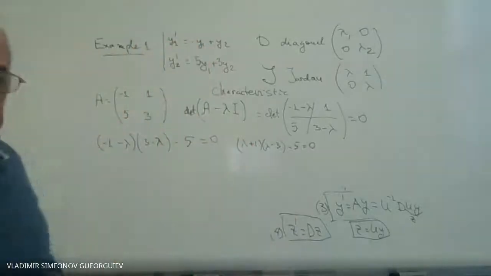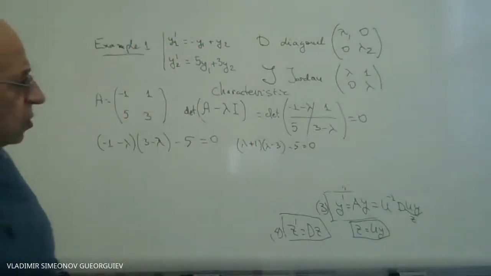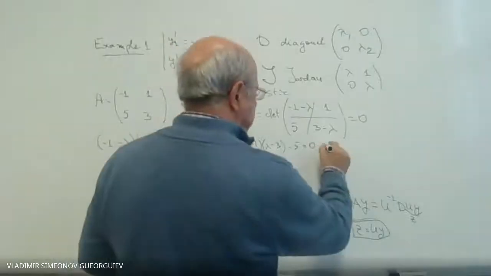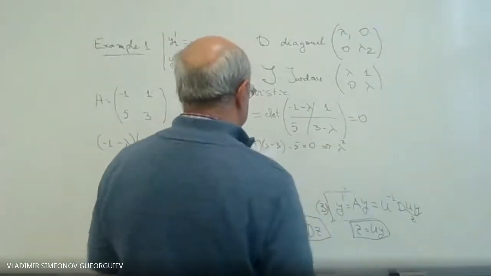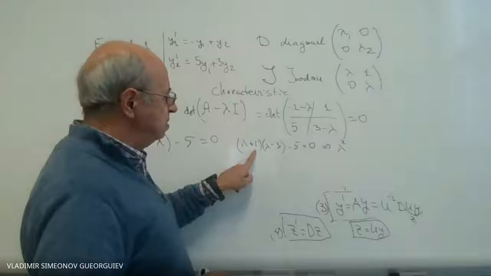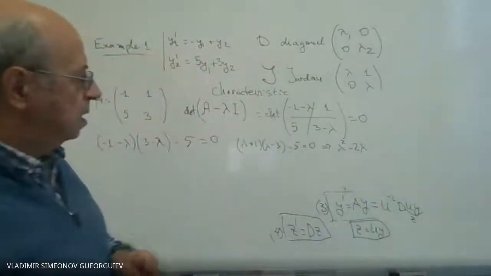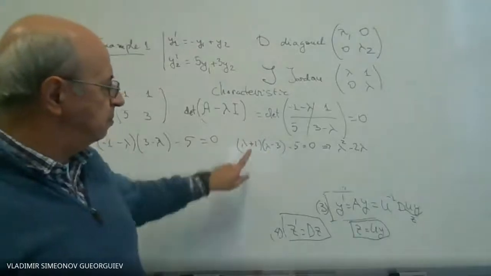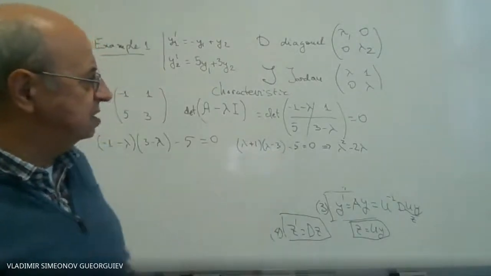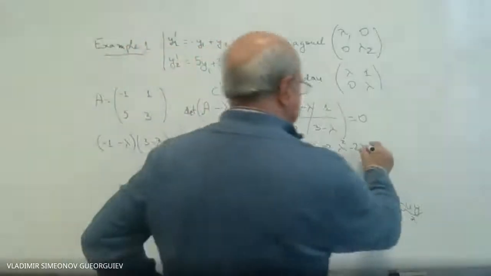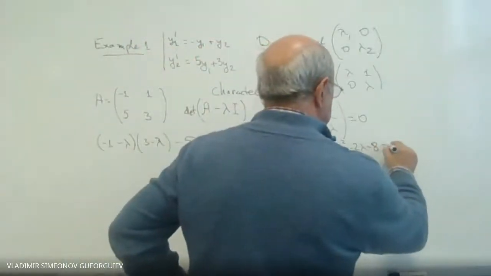Let us open the brackets. So we have, from here we get lambda square, minus 3 plus 1 is minus 2 lambda. Then we have 1 by minus 3 is minus 3, minus 5, minus 8, equals 0.